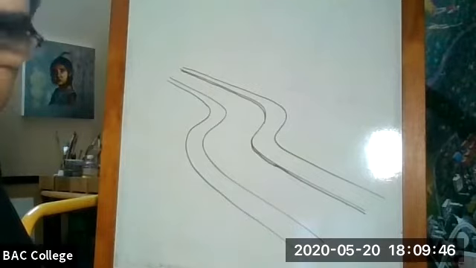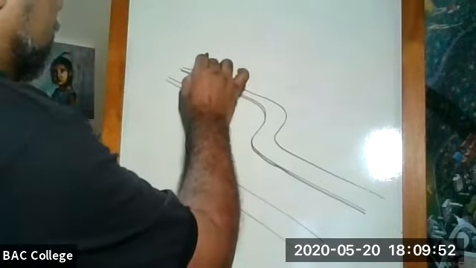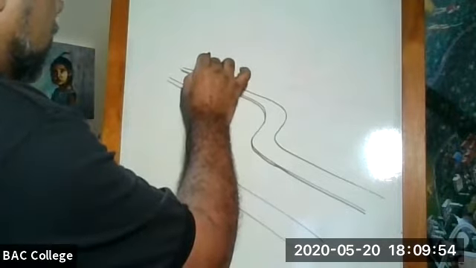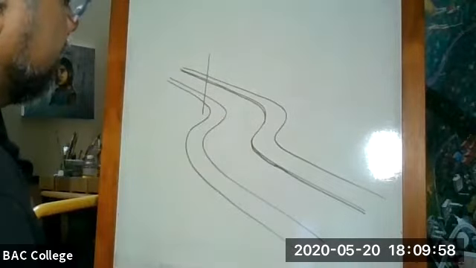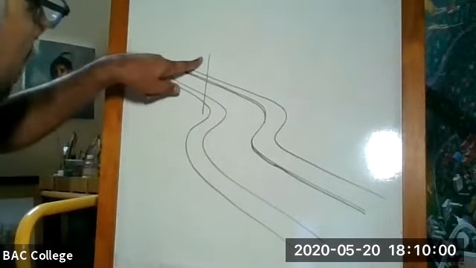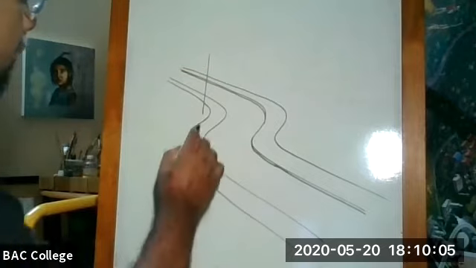Are we okay? Okay, next up, we're going to draw the wall of this building over here. So this whole thing goes off. Immediately this whole thing you can't see anymore.